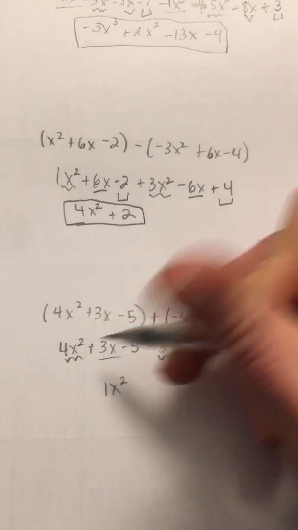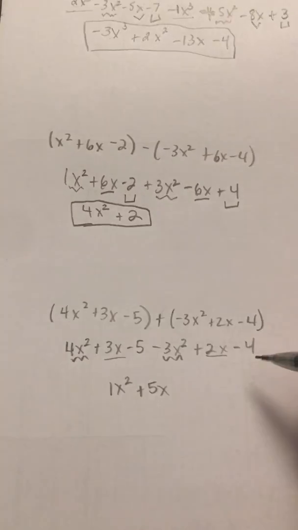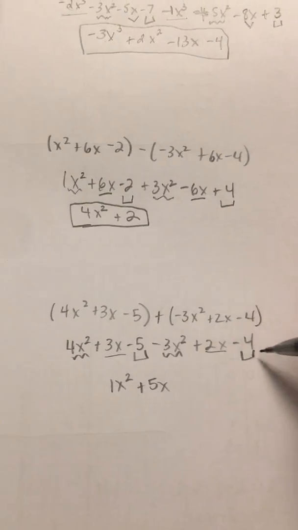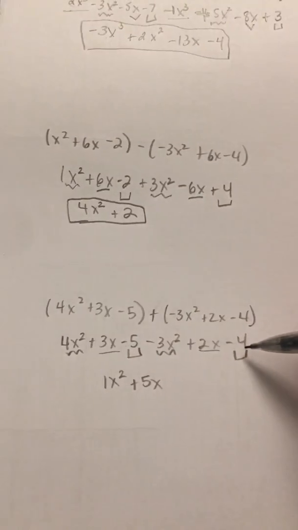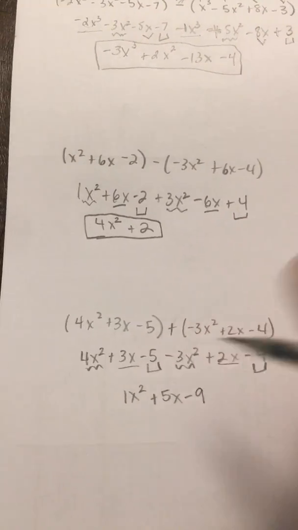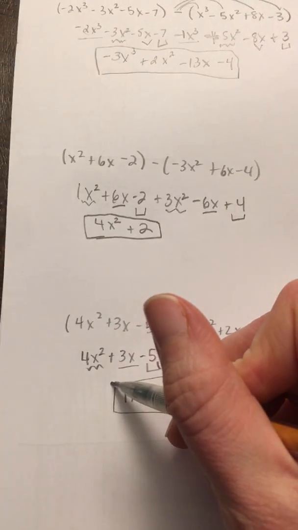Linear terms, 3x, 2x, 5x. Same signs, add and keep. Negative 4 and negative 5, negative 5, negative 4. Same signs, add and keep. Negative 9. Final answer because these are not like. And that is the end of that piece.